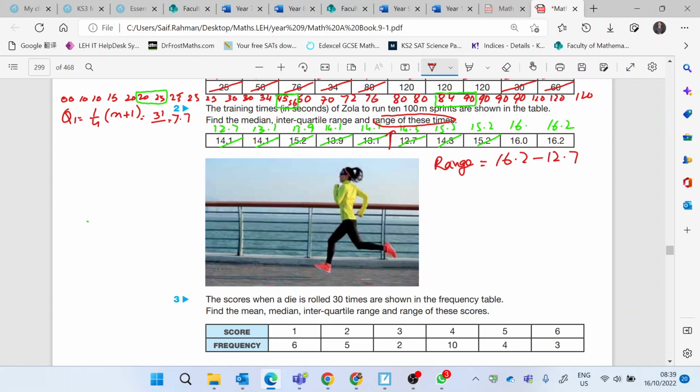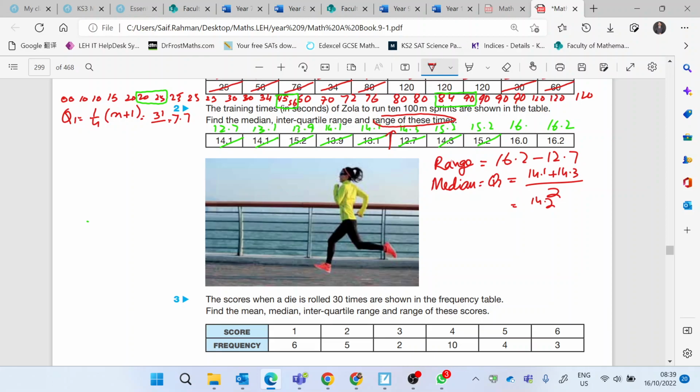So the average of 14.1 and 14.3, okay, median or Q2, both the same things. That gives 14.1 plus 14.3 divided by 2, and this should give you the answer 14.2, because 14.2 is in the middle from 14.1 and 14.3.